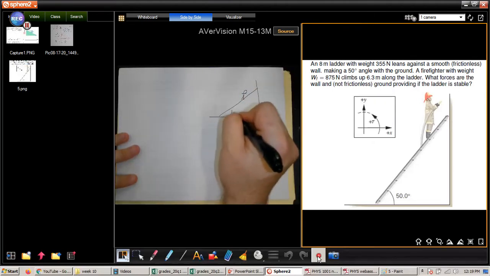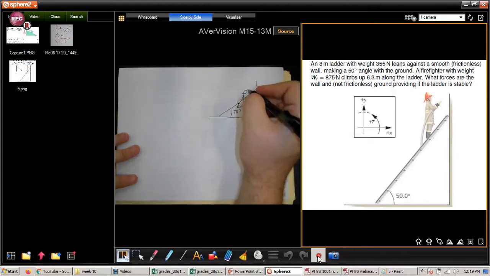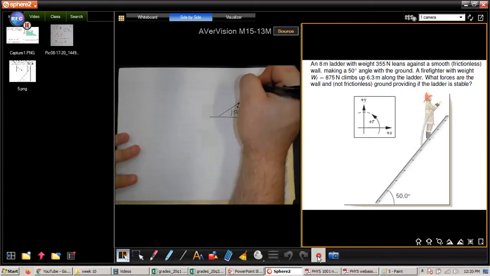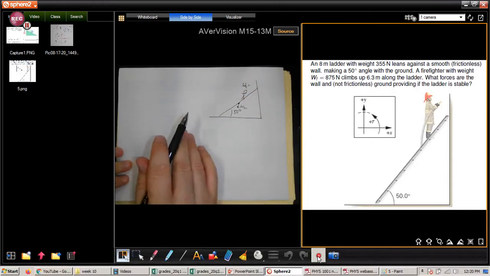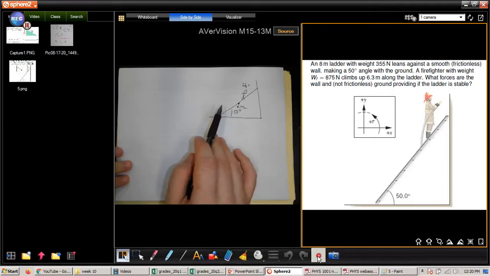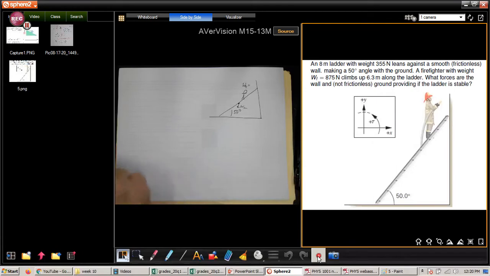And the ladder itself has some weight to it, and then the firefighter here, who is spraying water in a window, has some weight. So we have our different measurements here, and we want to figure out what the forces are that are present that make everything work.